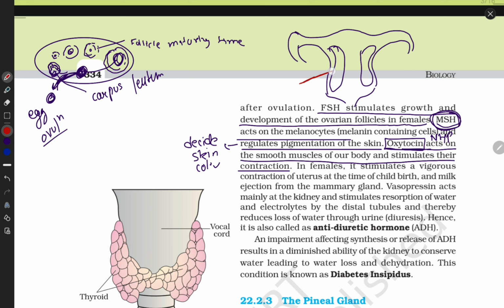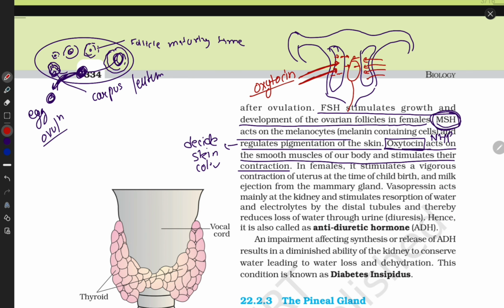At the time of delivery, this wall contracts so that the baby comes out easily. Due to which hormone? Oxytocin hormone.